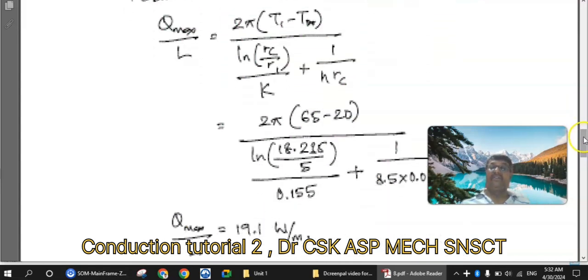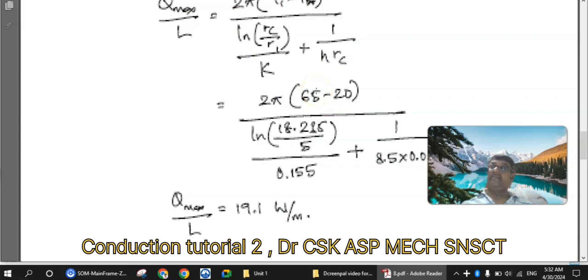That equals 2 pi into T1, which is 65, minus T infinity, which is 20, divided by ln of rc by r1 divided by k plus 1 by h into rc. Here rc is the critical radius, 18.235, which we have found, and r1 equals 5. We substitute in the problem. We get Q max by L equal to 19.1 watts per meter.